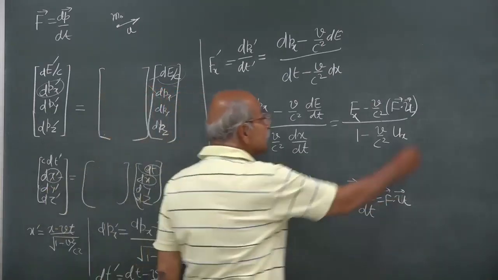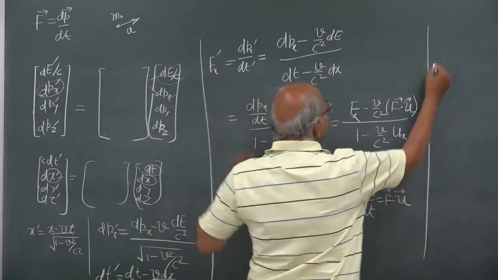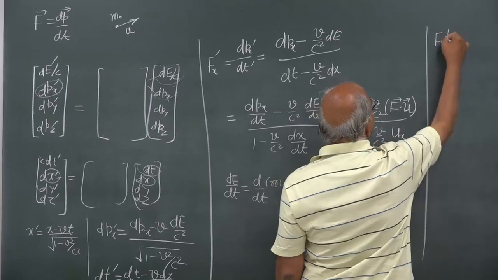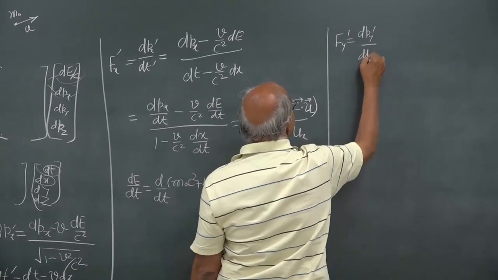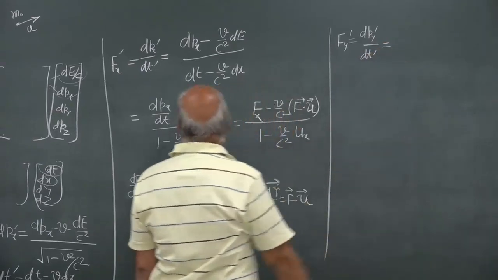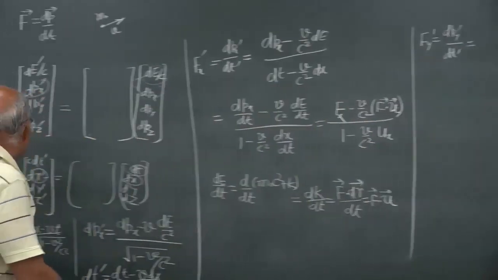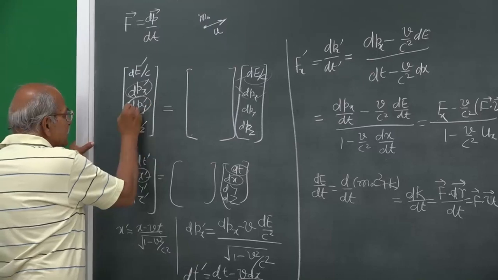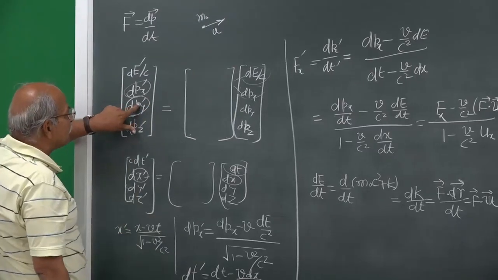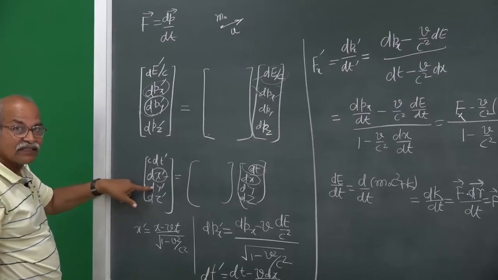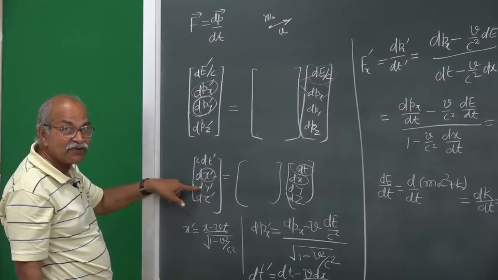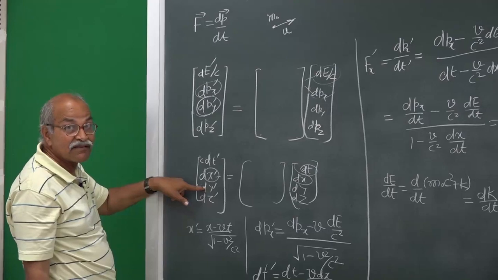And for the y component transformation, fy prime will be dpy prime divided by dt prime. And what is dpy prime? It is the third component in this 4 vector. dy prime is equal to dy, since y prime is equal to y.